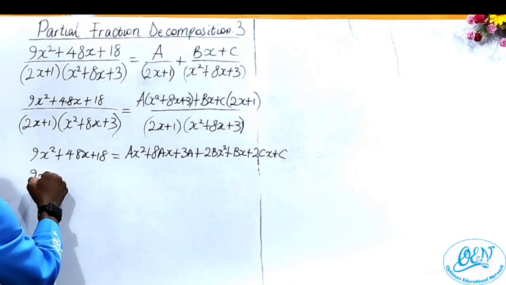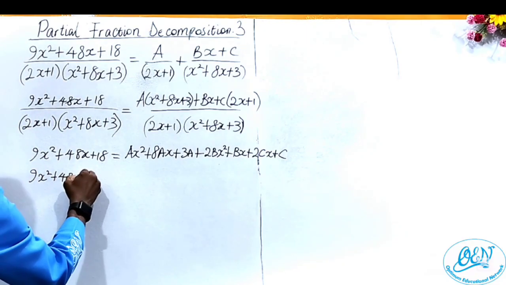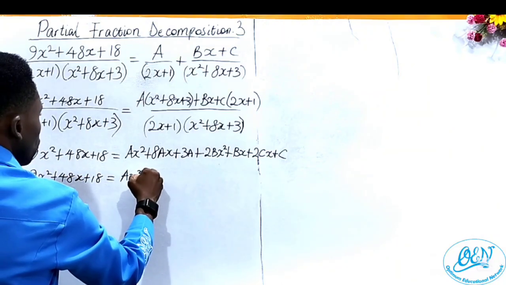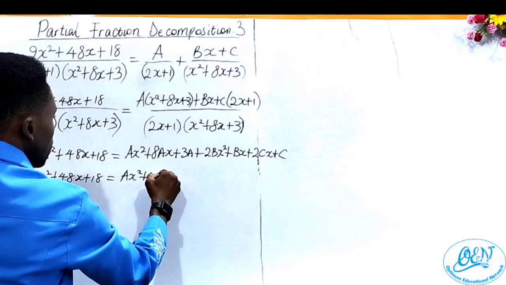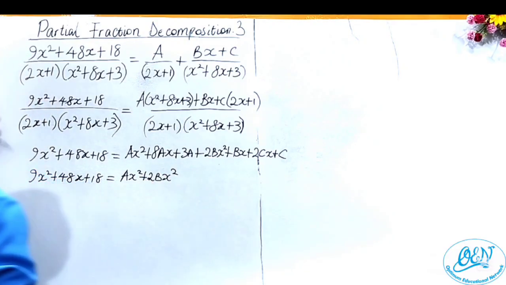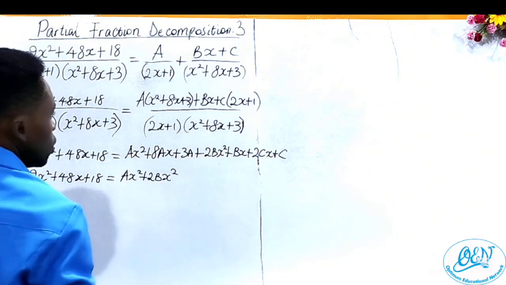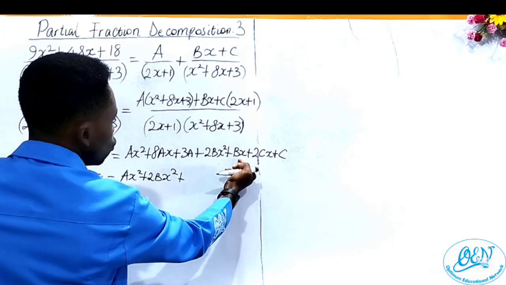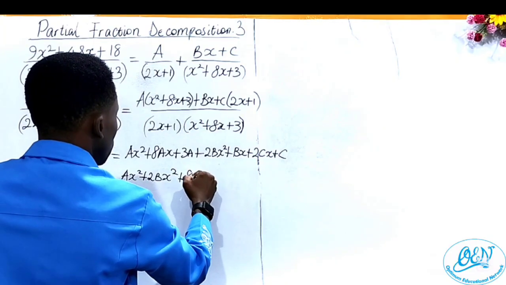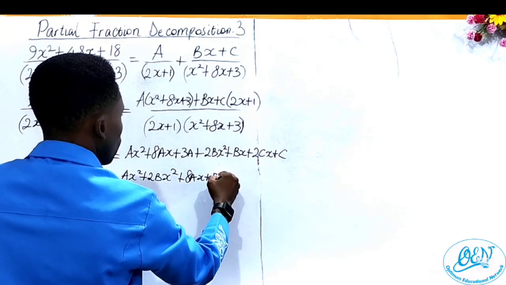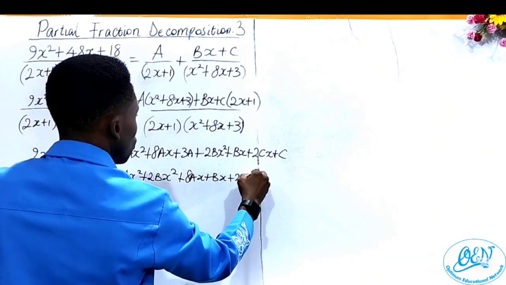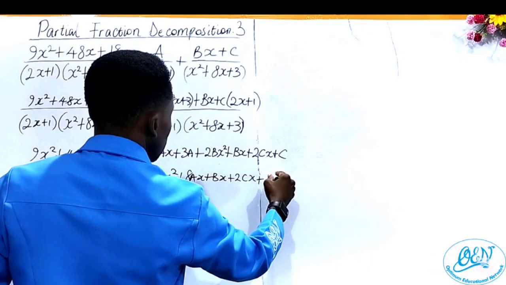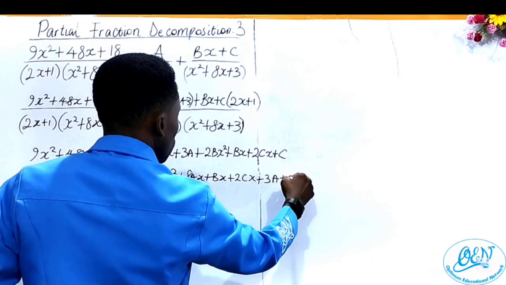So we have 9x squared plus 48x plus 18 equal to ax squared plus 2bx squared, because they have similar power. Then we have 8ax plus bx plus 2cx. Bring them together, then we have the constants 3a and c, we have 3a plus c.